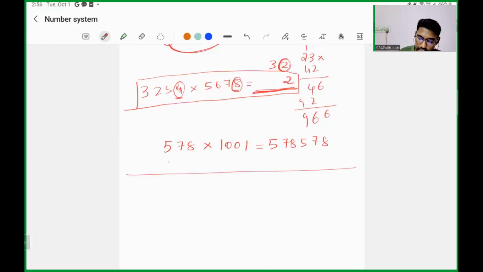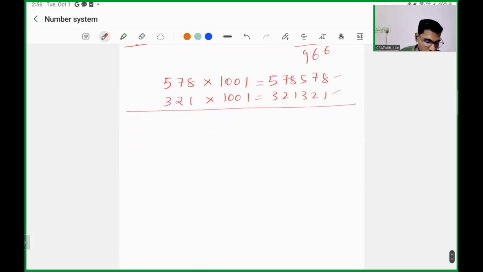If I am multiplying another 3-digit number like 321 into 1001, you will get 321321. So just remember, this is a pattern. UPSC has a tendency to repeat these patterns. So I will give you one more question.